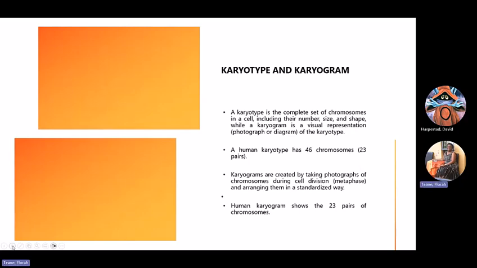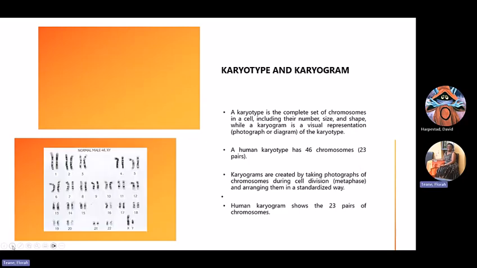How do we prepare karyograms? They are prepared by taking photographs of these chromosomes and arranging them in a standardized way. All right, let's look at these karyotypes and karyograms.